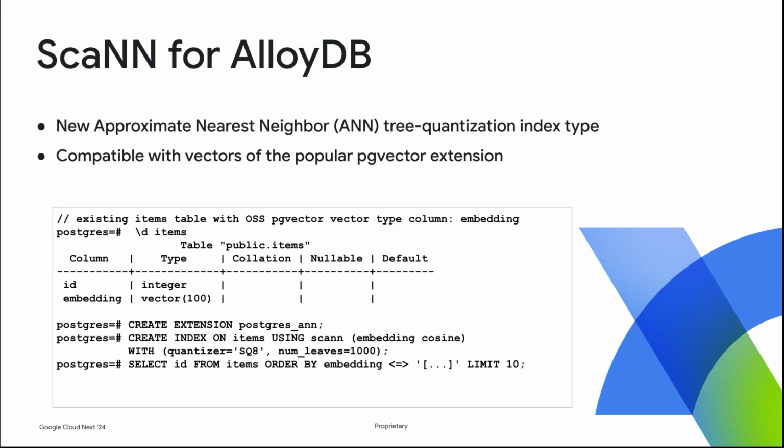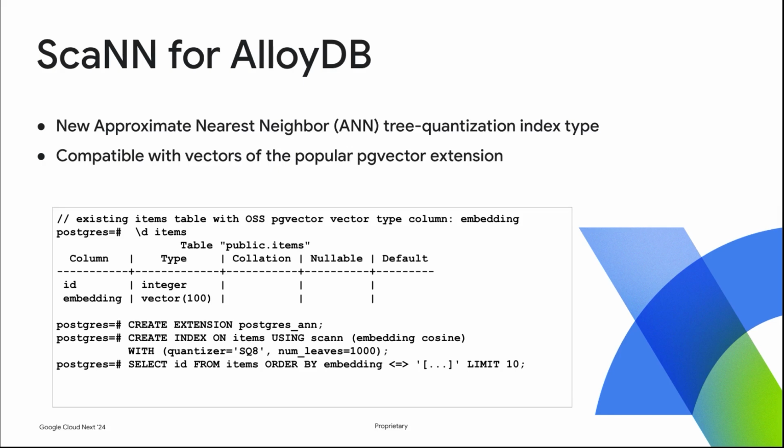All right, now the mechanics. How can I create the scan for AlloyDB index? Well, number one, you are creating the Postgres ANN extension that we released. And then, assuming that you already have a table that includes a vector column, in our example, the vector column that you see on the screen is called embedding.